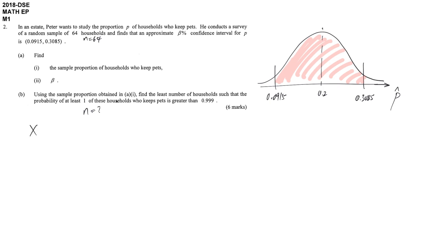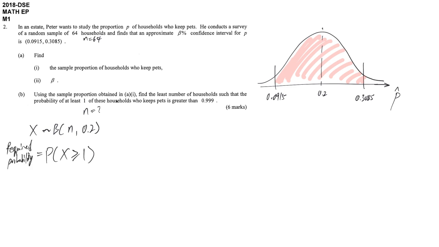We let x be the random variable that is the number of households who keep pets, and then it follows a binomial distribution. We repeat it n times, we don't know how much it is, and the corresponding probability of success is 0.2. So we are asking for the probability that x is larger than or equal to 1.